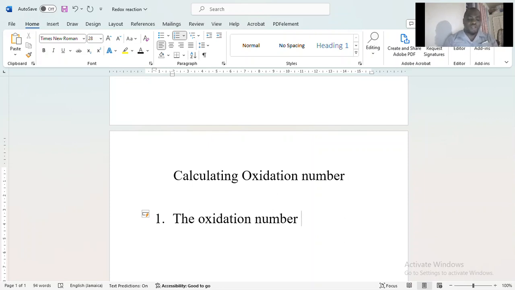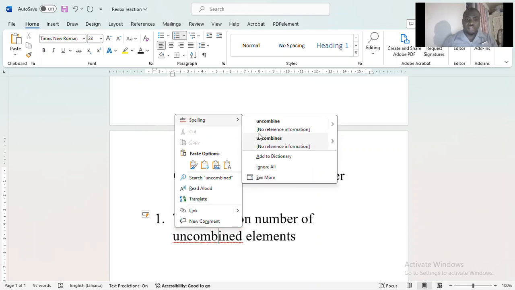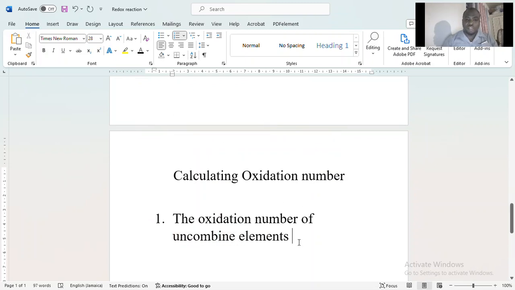The oxidation number of uncombined elements is 0. So as I said before, we did the example, magnesium not combined to anybody.